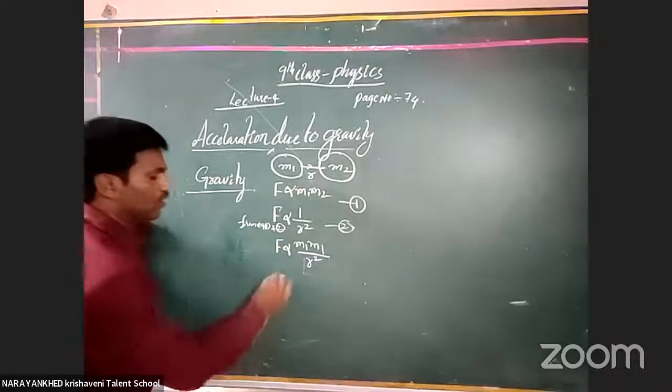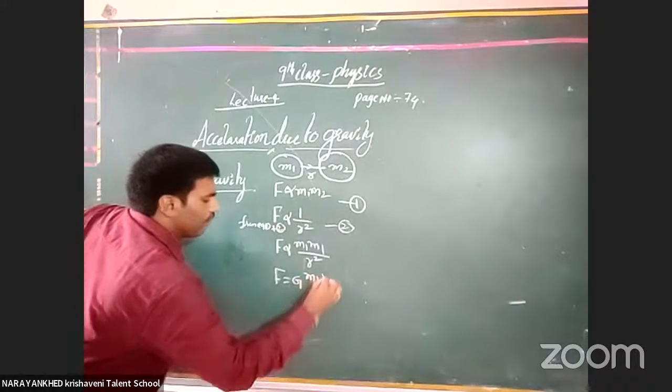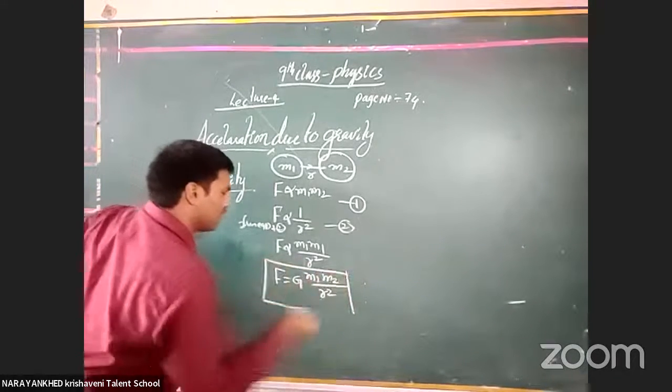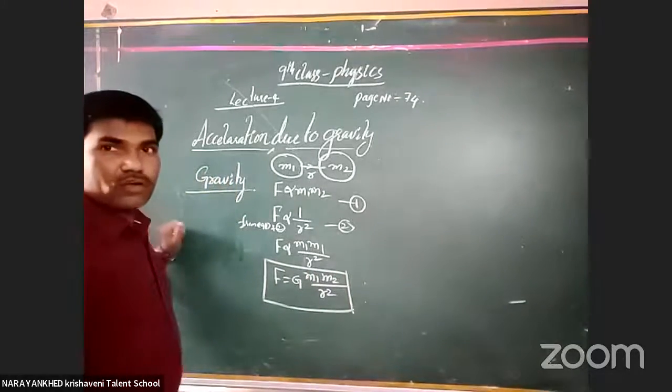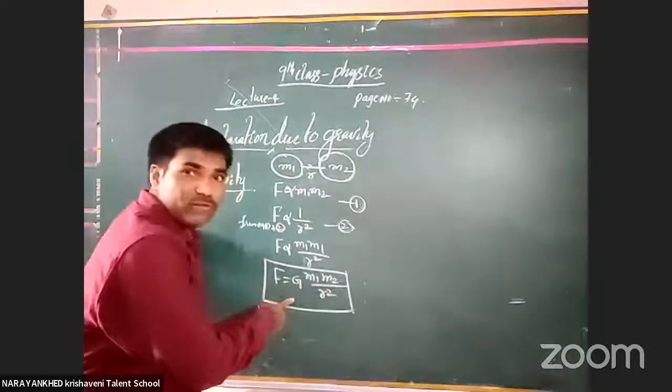Now F is equal to G into m1 m2 by r square. Got it? I hope you got it. This is called the gravitational force.